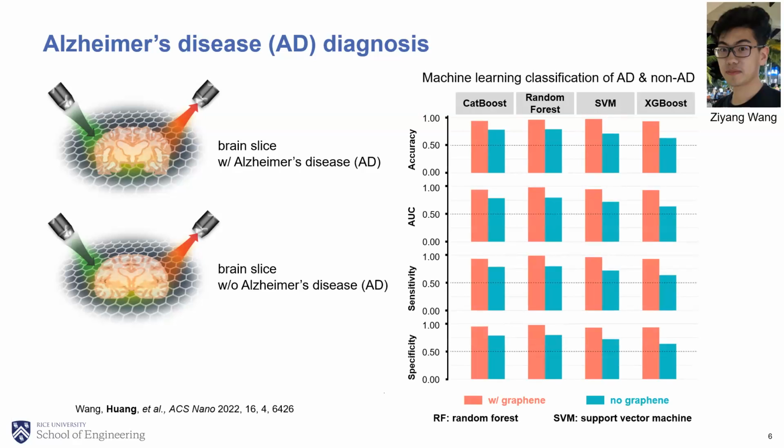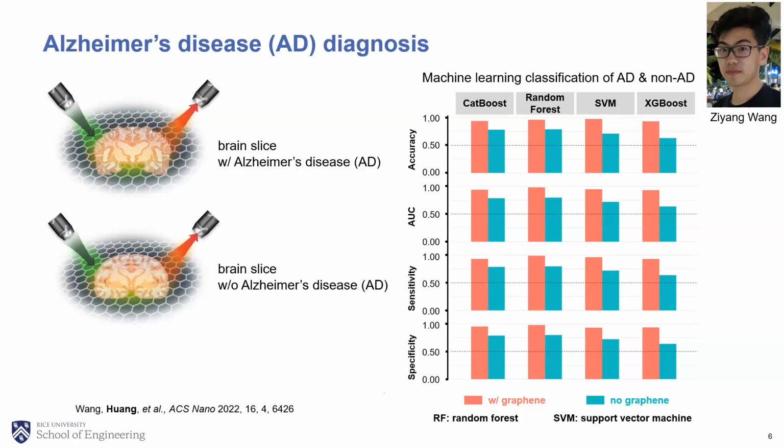You can see apparently for the measurement with graphene, the machine learning performance is much better compared to the case without graphene. So for example, if we focus on accuracy and SVM algorithm, support vector machine, we can see with graphene, the accuracy is more than 99%, but without graphene, the accuracy is less than 75%.